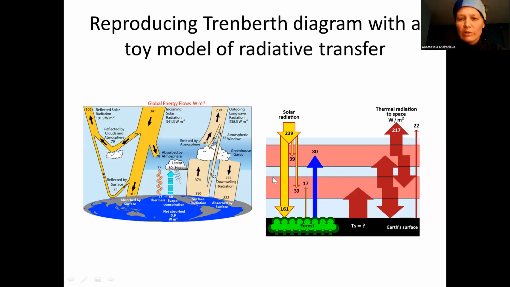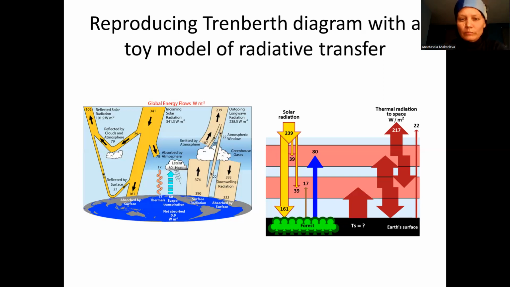So these red layers represent greenhouse gases, which have the following property. They absorb all incoming thermal radiation and radiate all energy that they absorb equally up and down. Okay?